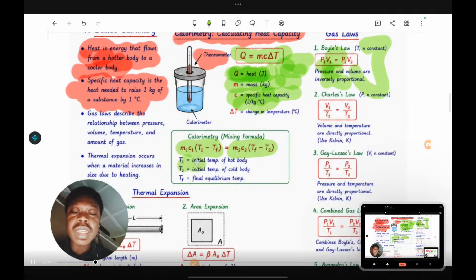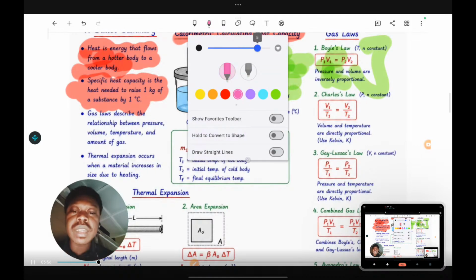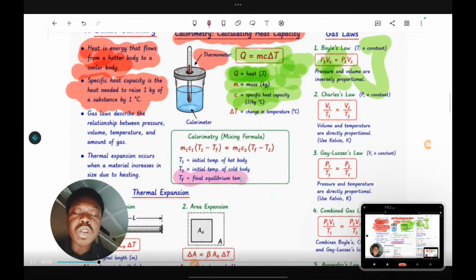Okay, so that T1 is the initial temperature of hot body, T2 is the initial temperature of cold body, and then TF is the equilibrium temperature, which is why you are seeing TF here and TF here. Now observe something. Let me tell you a secret quickly. While doing this, you should know that the equilibrium temperature is connected to both the hotter substance and the cooler substance.